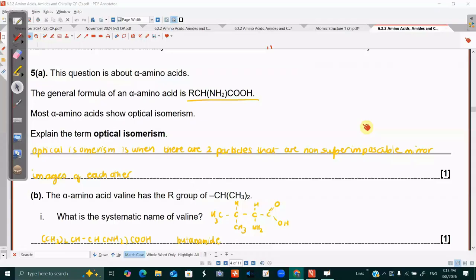You can say non-superimposable mirror images having a chiral carbon. I mentioned that also, right? Non-superimposable mirror images having chiral carbons. Okay?